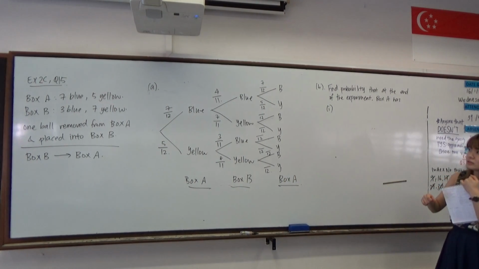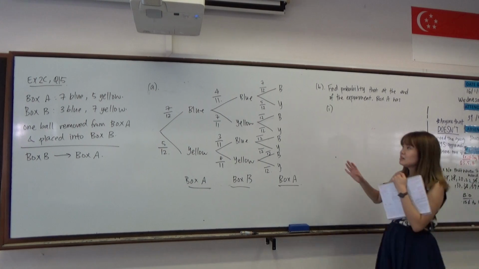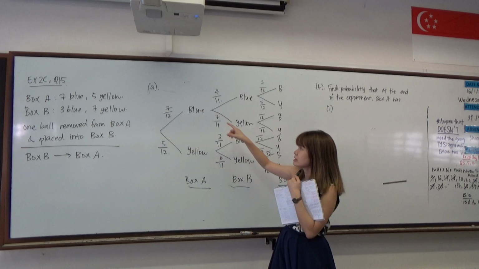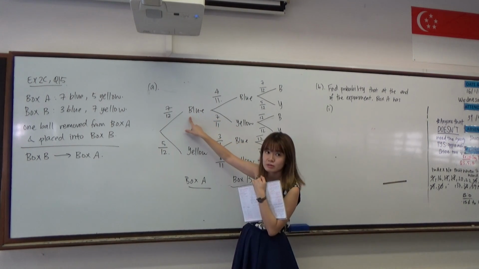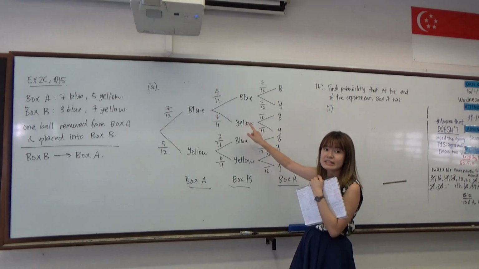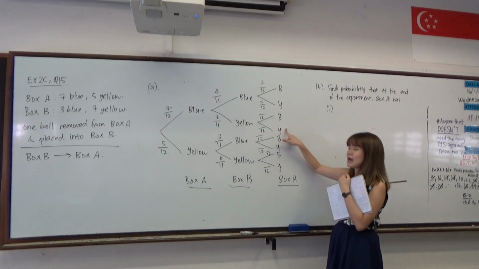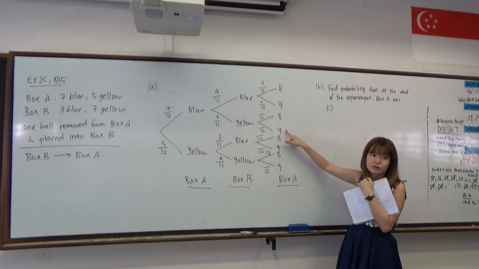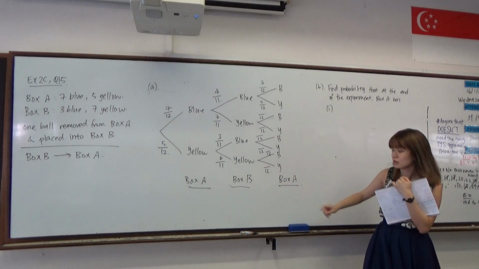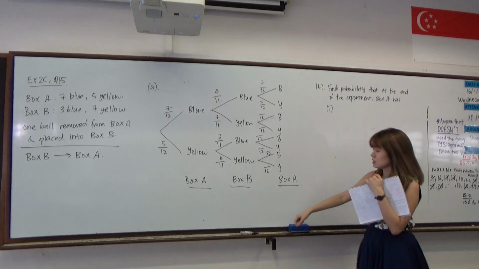Oh wait, yeah. So we go to this one. If you were to take one blue one from A, then I put it into box B, but I take a yellow one to put back into box A. So how many blue balls would there be now in box A? 6, right?